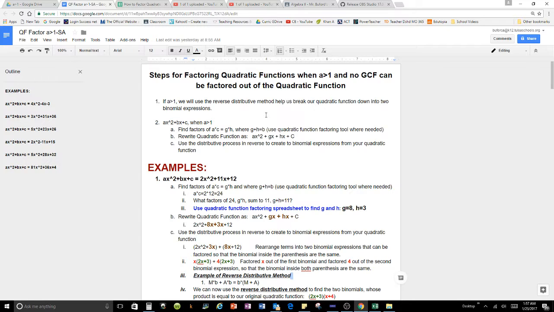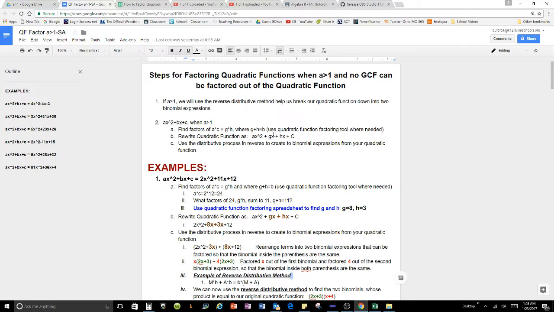And after we break the quadratic function up into two parts, we're going to group it a little differently, and we're going to factor out some numbers that will then allow us to do what we call a reverse distributive method, which will allow us to arrive at two binomials that represent our quadratic function.